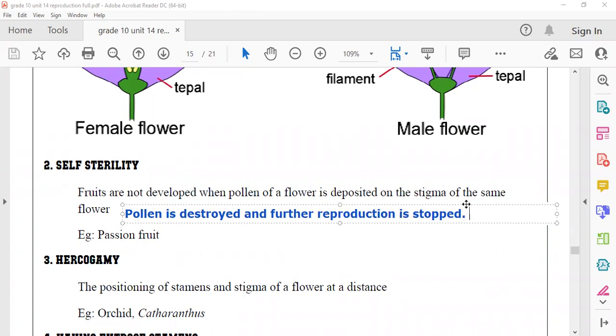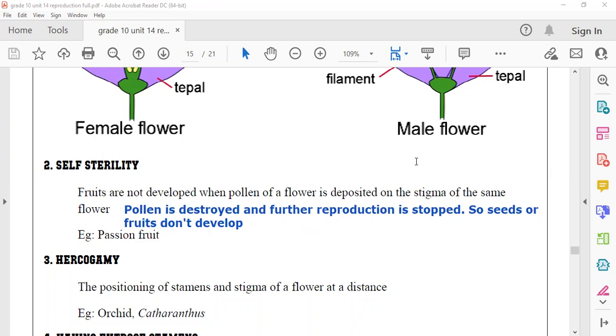If the reproduction doesn't continue, seeds or fruits don't develop. I hope you are clear with it. The plant that shows self-sterility is passion fruit. It's the one and only example, passion fruit.